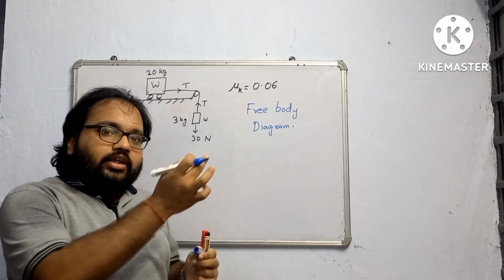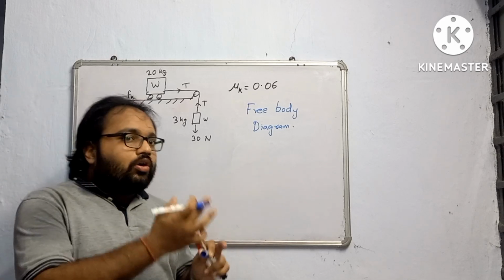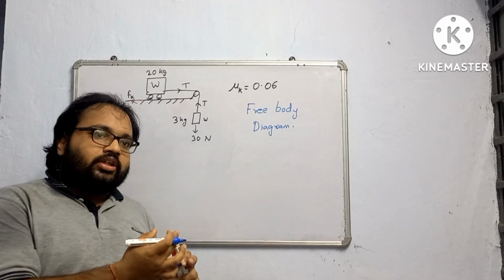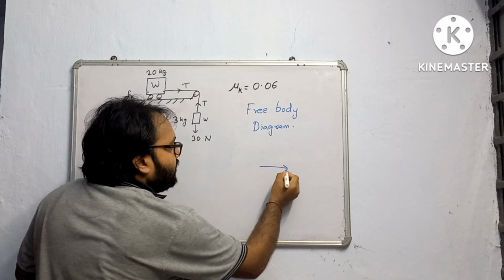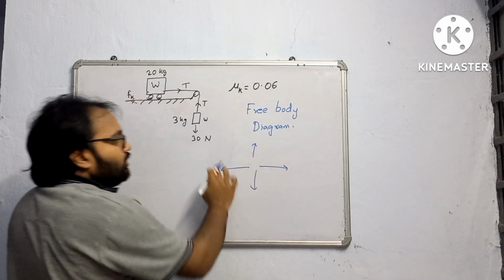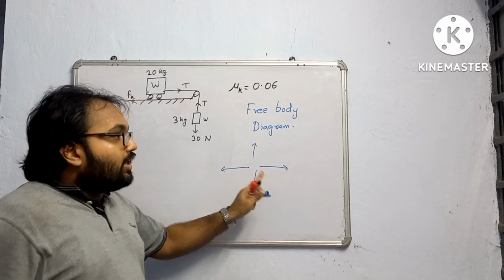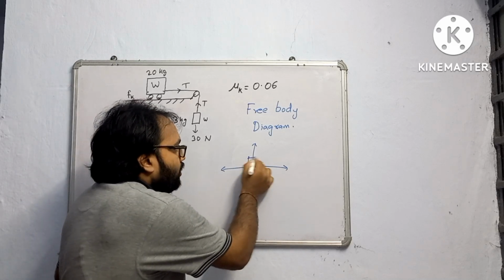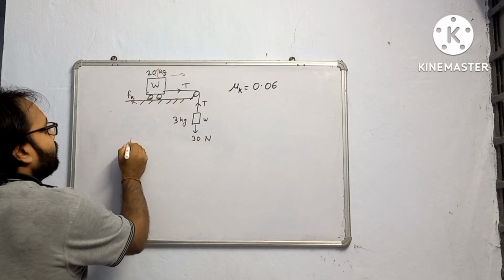We take each and every object, and free body diagram means we apply all the forces acting on that object in all directions: right side, left side, downwards, upwards. As soon as you get this question, first let us draw the free body diagram.